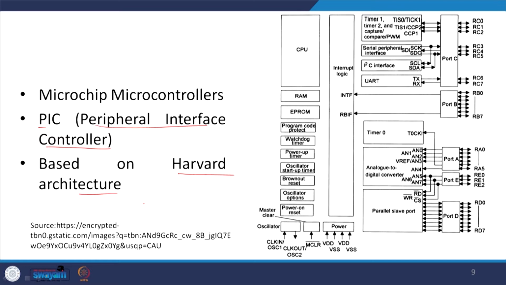So, we have say CPU is there, then you have the memory devices over here, then other program code protector, watchdog timer, power up timer, oscillator startup timer and all. Then we have interrupt logic over there. Here all interfaces are there, which I discussed during the last few slides. A to D converter and all are there.